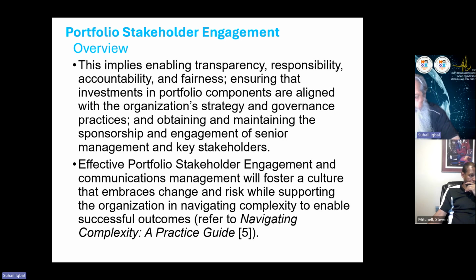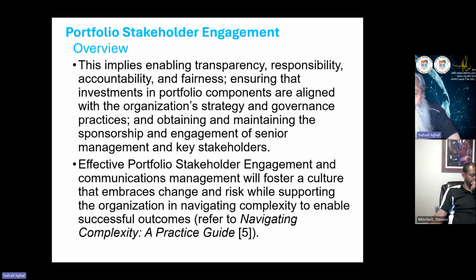Now, this is interesting. Investments in portfolio component, the money we are going to be spending on the programs and projects to fulfill this component, this portfolio, all the investments are aligned with the organizational strategy and governance practices, and obtaining and maintaining the sponsorship and engagement of senior management and key stakeholders.